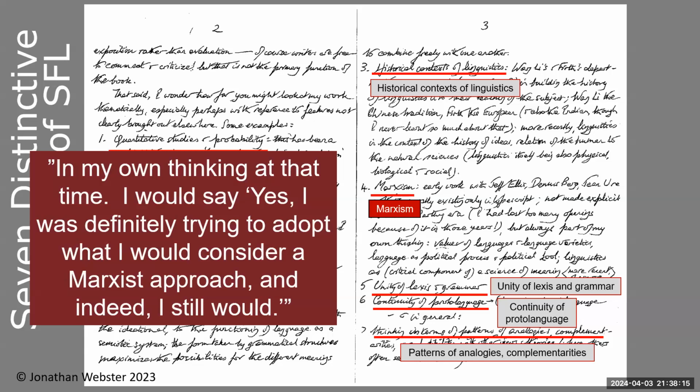When he came back to Britain and became part of this Communist Party linguistics group, there was a pressure on him to become more involved in political activities. Instead, he chose to focus on linguistics, believing that with his linguistics, he could have an impact on society.